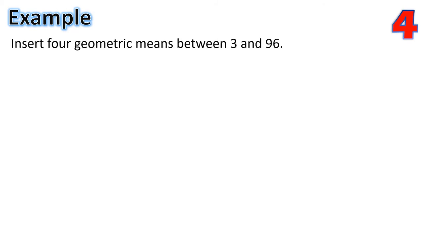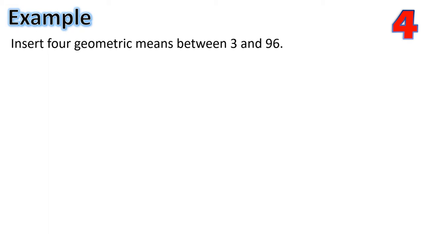Let us have another set of examples. Example number 4. Insert 4 geometric means between 3 and 96. Let us have our solution. In here, we are asked to insert 4 geometric means between 3 and 96.